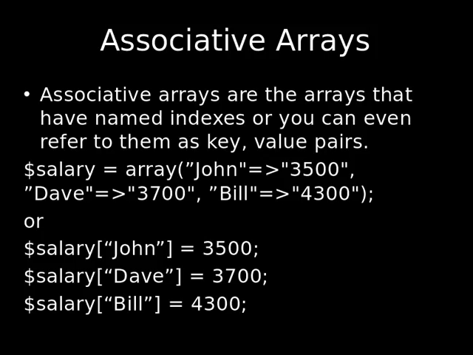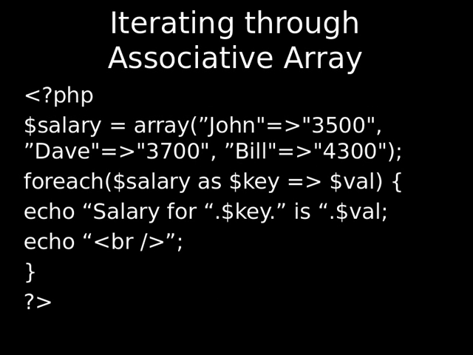Or you can even declare it in the way defined below. Taking this array as an example, we can use the foreach iterator. The example for the foreach is given here.